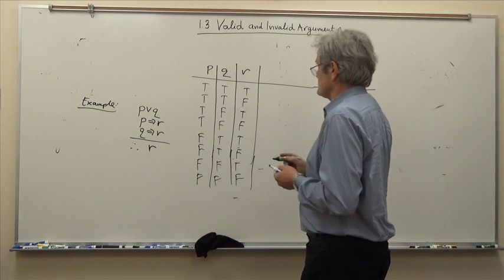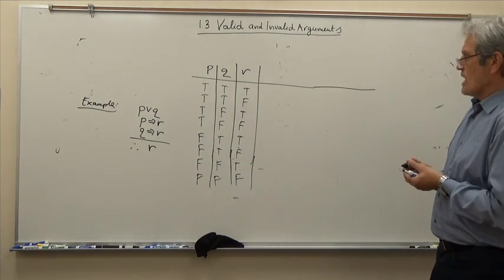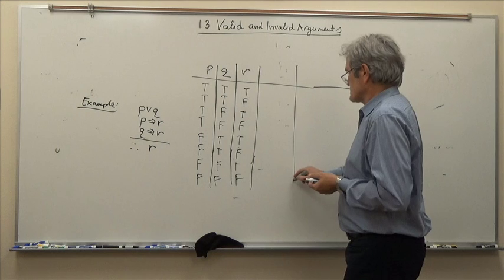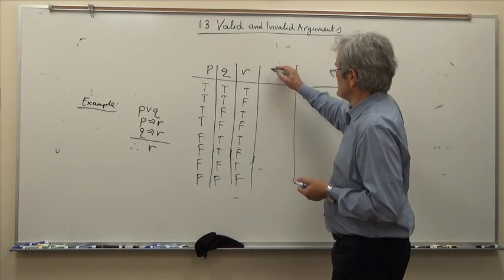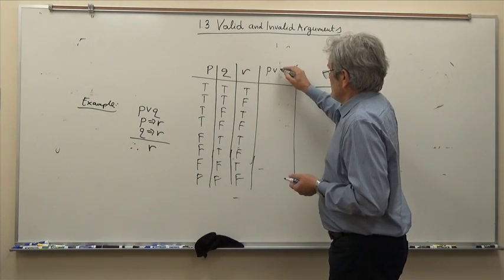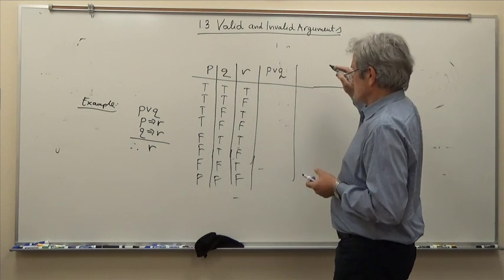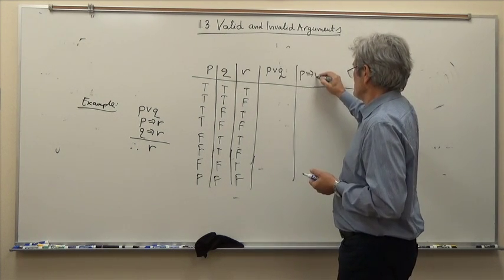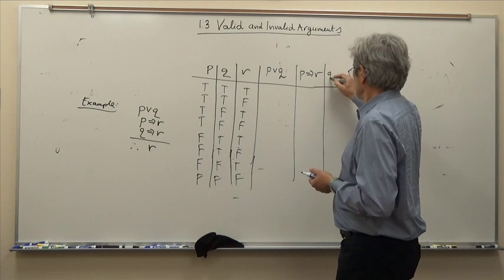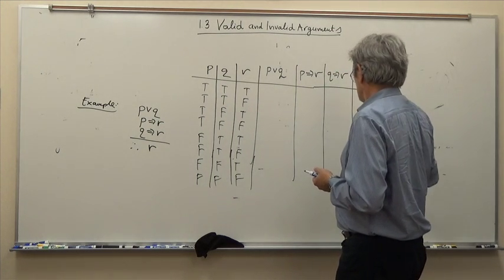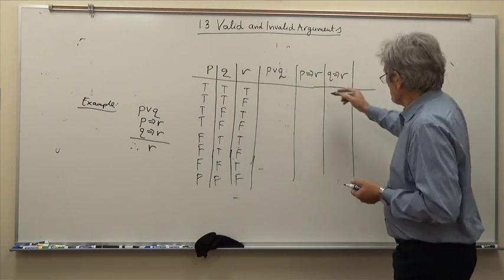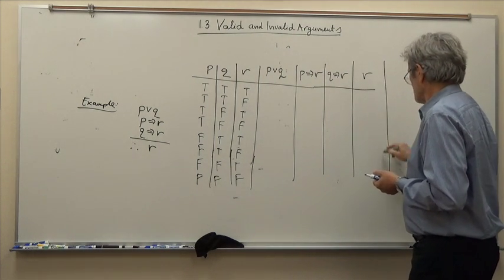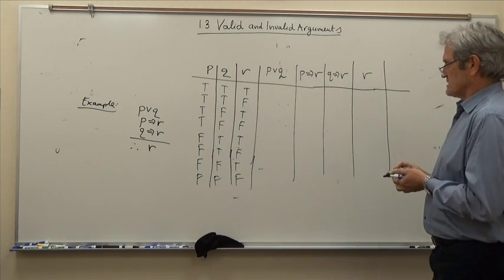So here are all the 8 inferences. And then we just place there all the premises: P or Q, P implies R, Q implies R, and then I'll copy R so that I have it as a conclusion.